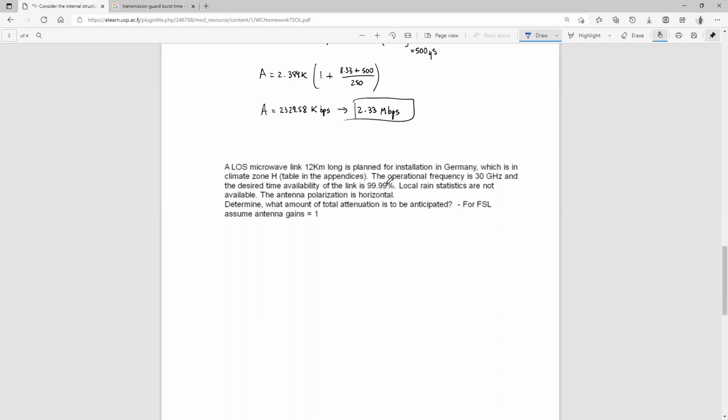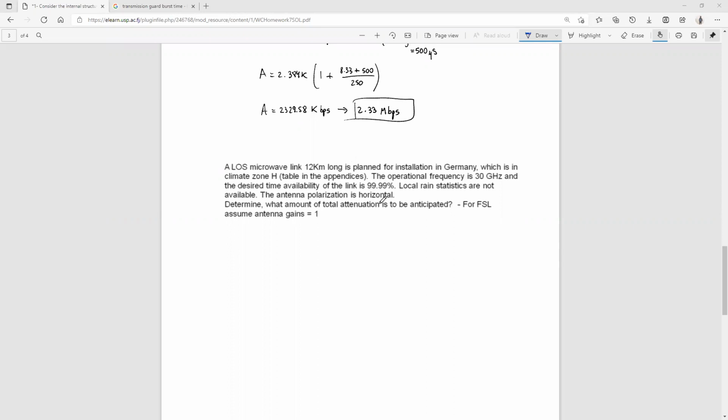So like I was saying, the link is available for 99.99% of the time. The remaining percentage of the time from the 100% is our non-availability, so it won't be available.